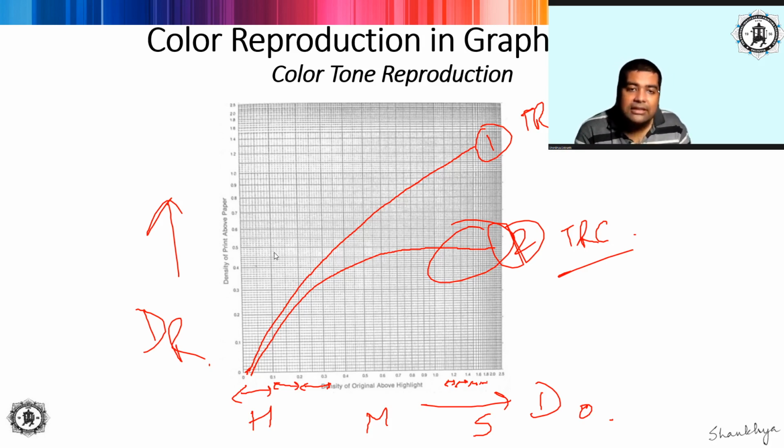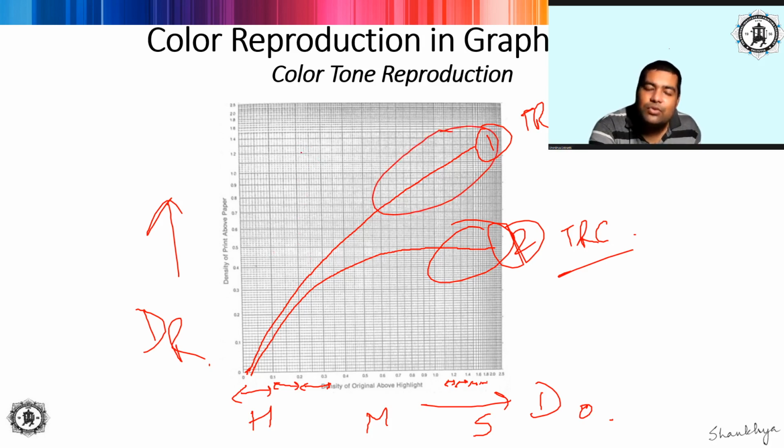And similarly, the tone compression that is evident when plotted on a normal graph paper like the previous one will not seem as drastic when it is plotted in this particular one. Here you see, that is exactly what I told you earlier also. There was a tone compression in the shadow area, but here in this particular graph paper, the shadow areas have got minimized because the density intervals have been lowered while representing the shadow areas in this particular graph.